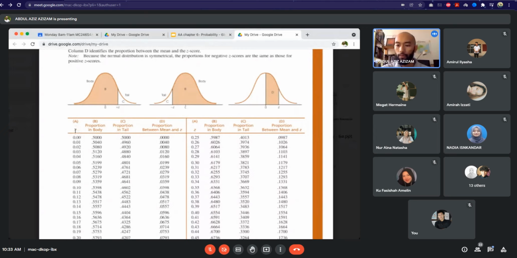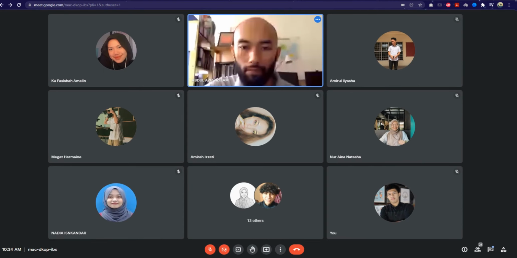Saya akan cuba lukis. Kalau betul-betul terus beritahu nanti, dengar atau tidak. Okey, nampak?